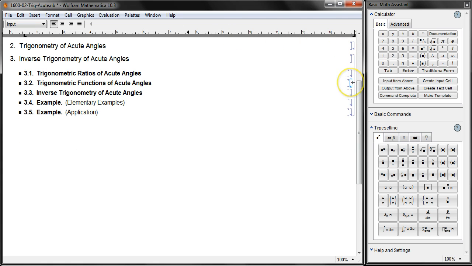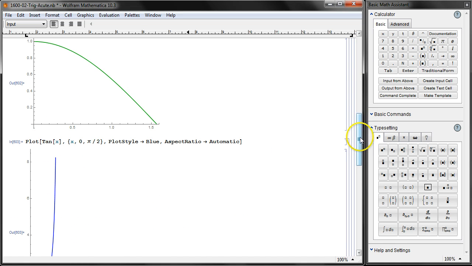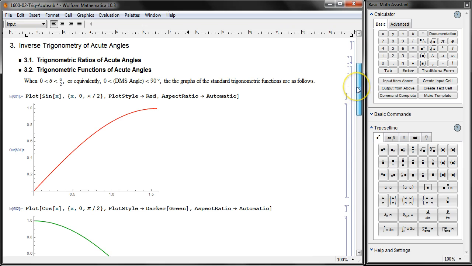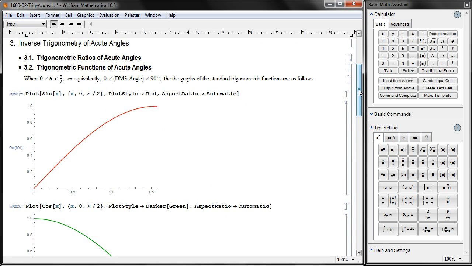The reason? Well, this topic will be elaborated much further a couple of weeks later, but here's a rough preview of what's to come. It is possible to express the sine value, cosine value, and tangent value based upon different angles. An angle is running from 0 to pi over 2, and the sine value increases from 0 to 1 like this.